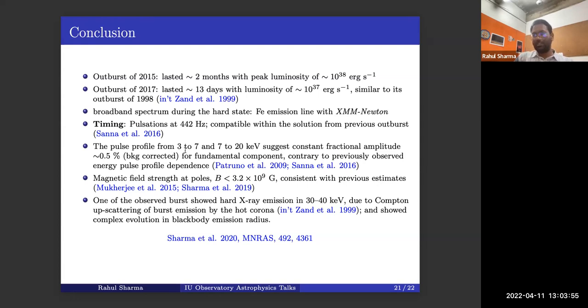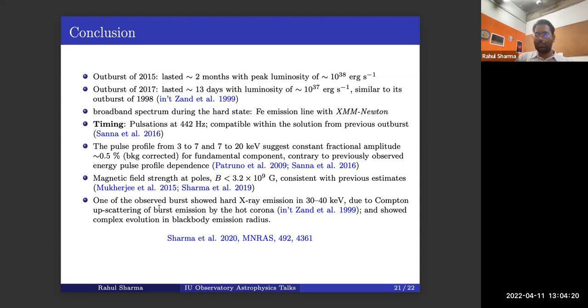Since we detected the pulsation at very low luminosity, we could put an upper limit on the magnetic field. We could put a magnetic field at the pole of around 3.2 Gauss. So this is an upper limit. The magnetic field should be lower than this value. This upper limit is consistent with the previously calculated upper limit for the magnetic field of this source.